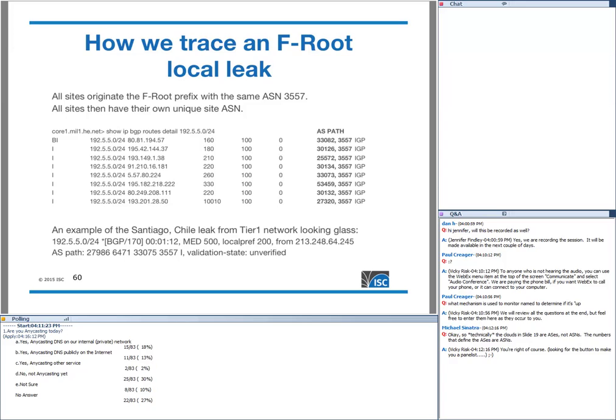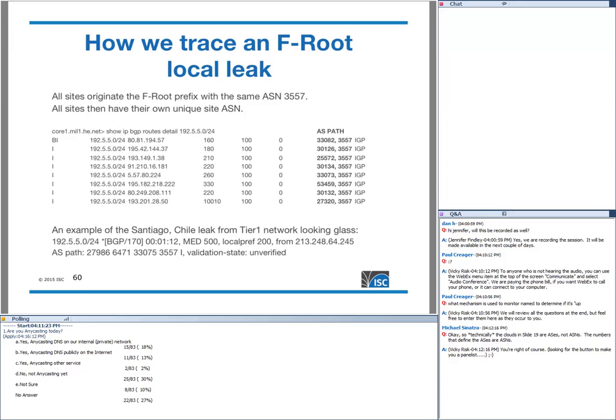And actually, at the bottom there, this is the actual output I grabbed from our ticket from that Santiago, Chile leak. So what I did is you can see R all the way on the right there. That's the origin AS. And as the path grows larger, additional ISPs that it's going through are added on the left there. So 3557 on the right is the origin.